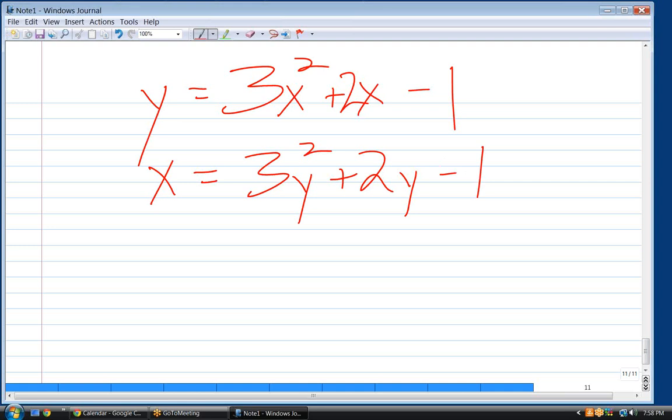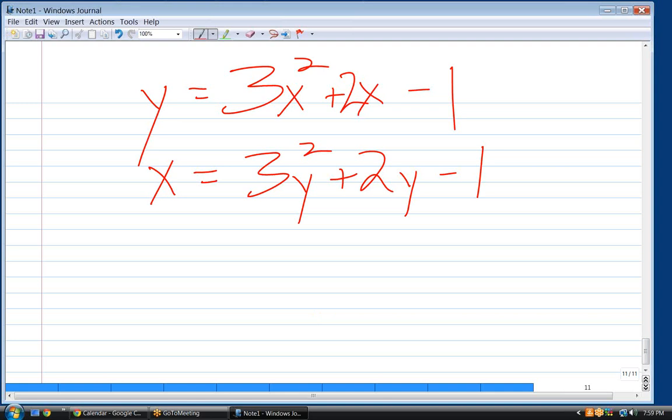Add 1 on both sides? No, you can't solve it for y that way. You can, but it's very tricky. Isn't it like you find the common factor, and the common factor would be y?